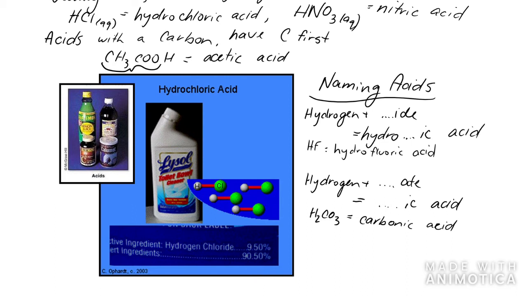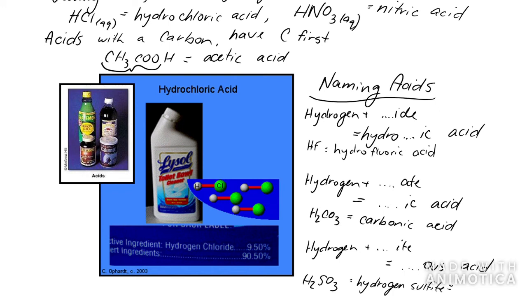The last one is going to be hydrogen and then something that ends in "ite." So again, phosphite, sulfite, these are common ones, and the ending is going to be "ous," and then you put acid. So if we have H2SO3, this is hydrogen sulfite.